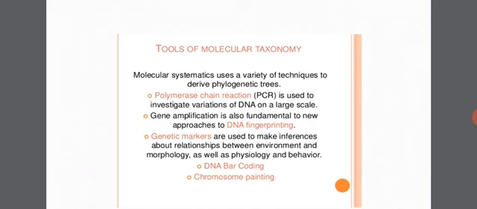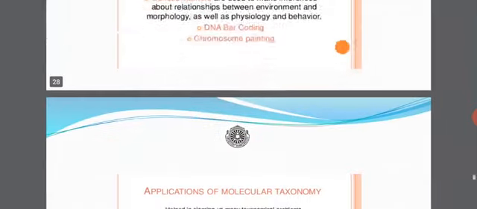The techniques are tools like polymerase chain reaction, that is PCR, which is used to investigate variations of DNA on a large scale, and then gene amplification, which is also fundamental to new approaches like DNA fingerprinting, then some genetic markers which are used to make inferences about relationships between environment and morphology, as well as physiology and behavior. And it also incorporates tools like DNA barcoding and chromosome painting.